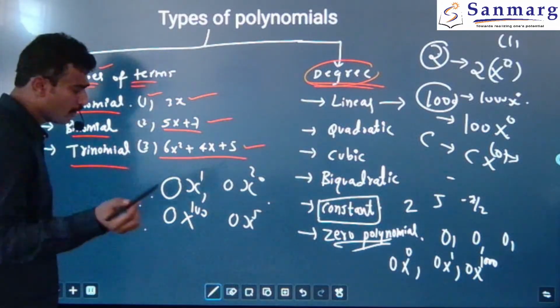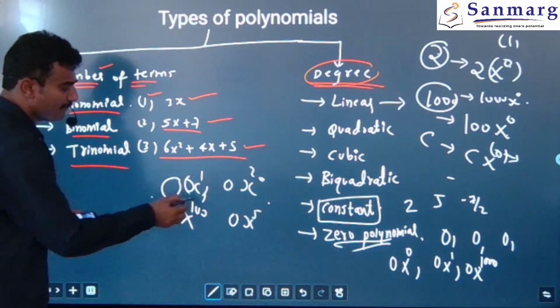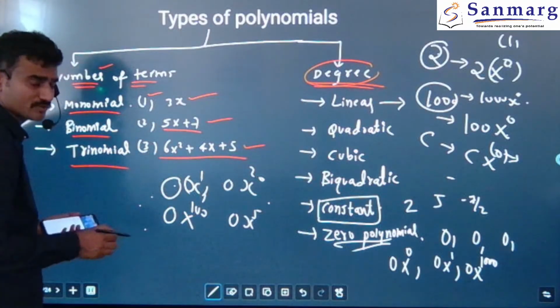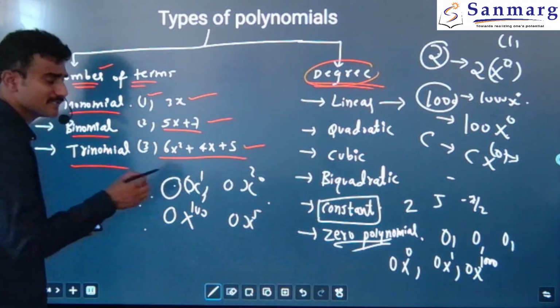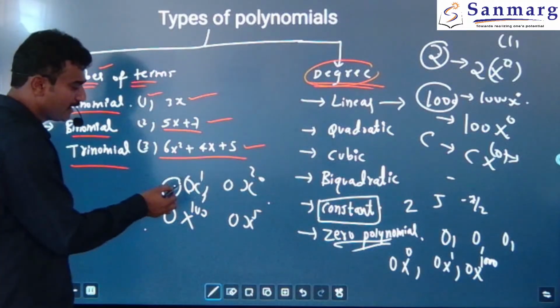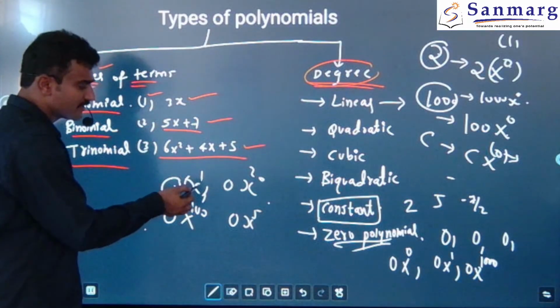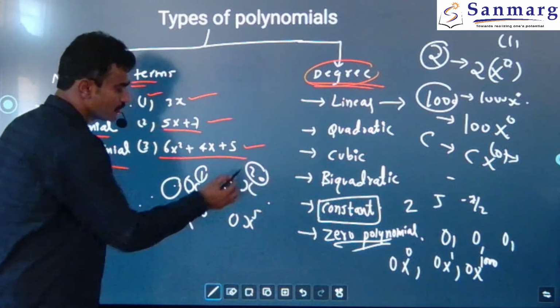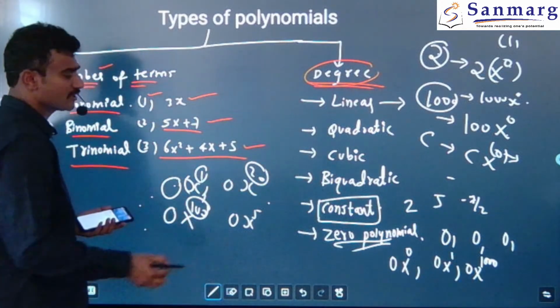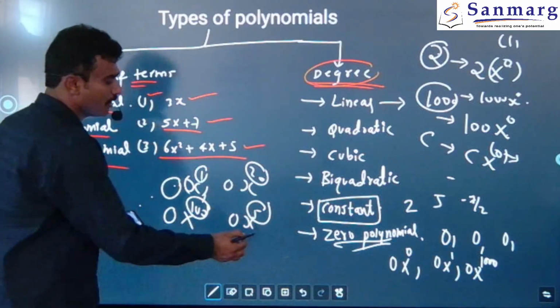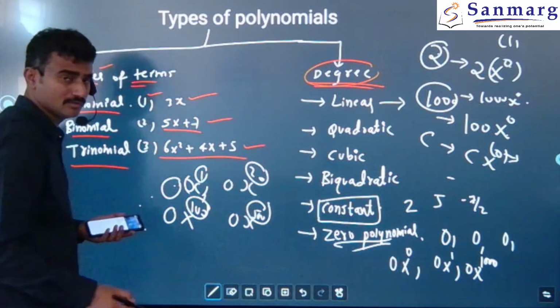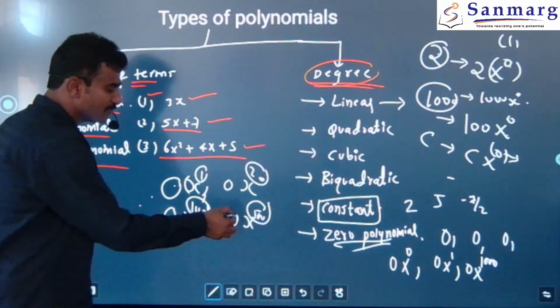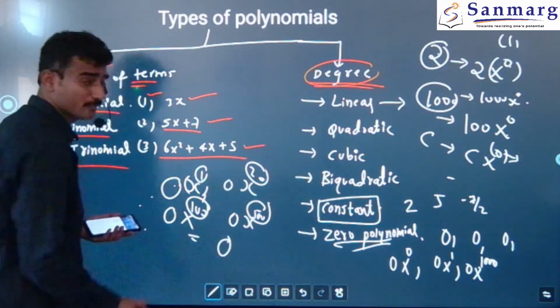We all know that if I multiply anything with 0, the answer will be 0. Therefore, I can write 0 into x raised to any power: 0 into x raised to 1, 20, 100, 5, or 500. Anything multiplied by 0 will again be 0.